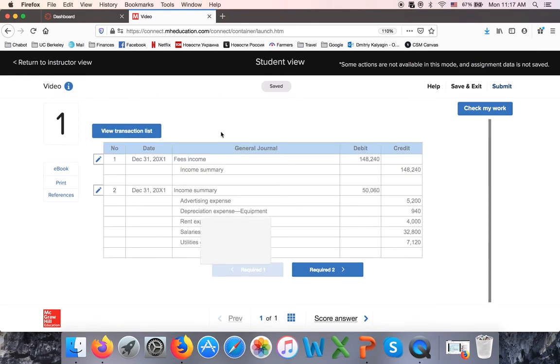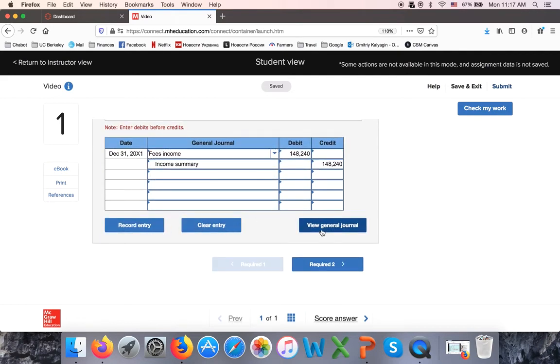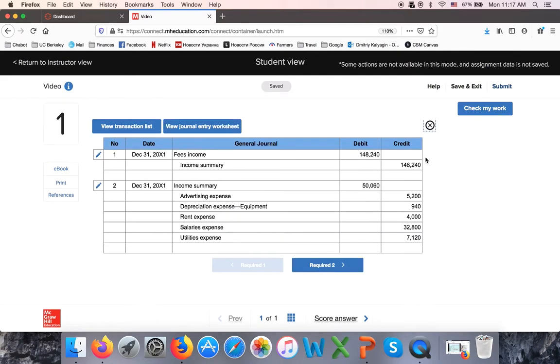And then the third step, by the way, let me view journal. By the way, guys, if you just look at the journal without T accounts, I look at the first step minus second step. If the first step is higher, we have net income. If the second step is higher, we have net loss. You subtract the second step from the first step, expenses from revenues, and that gives you net income or net loss.